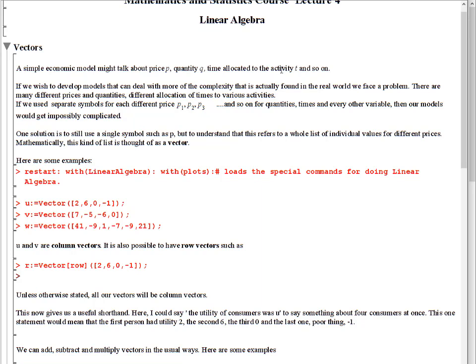If we're looking at, for example, economics, we might have a simple model, as you've met in previous examples, where we're talking about the price of a good, the quantity that we're producing, and the time it takes to make it, and so on. However, when you want to do analysis of real societies in the real world, there's a big problem in that there's not just one price and one quantity.